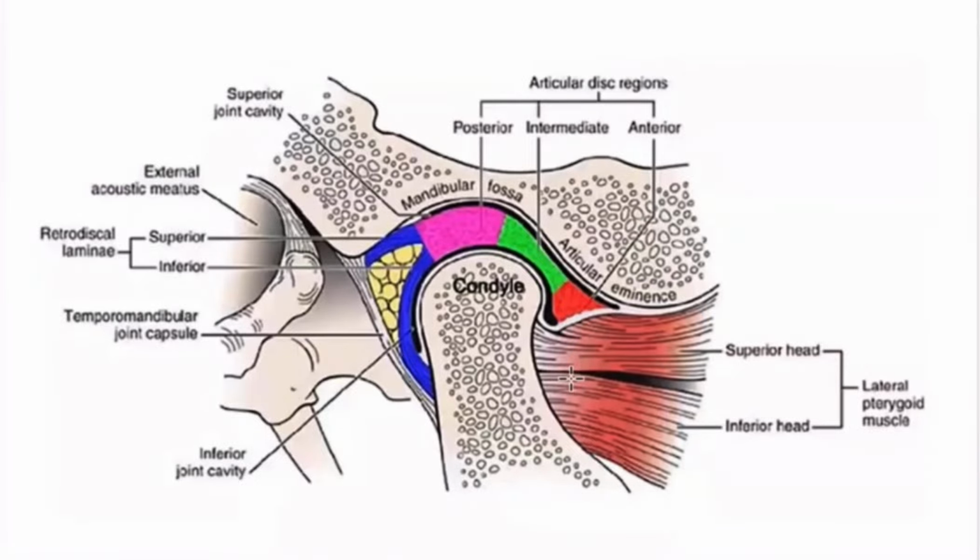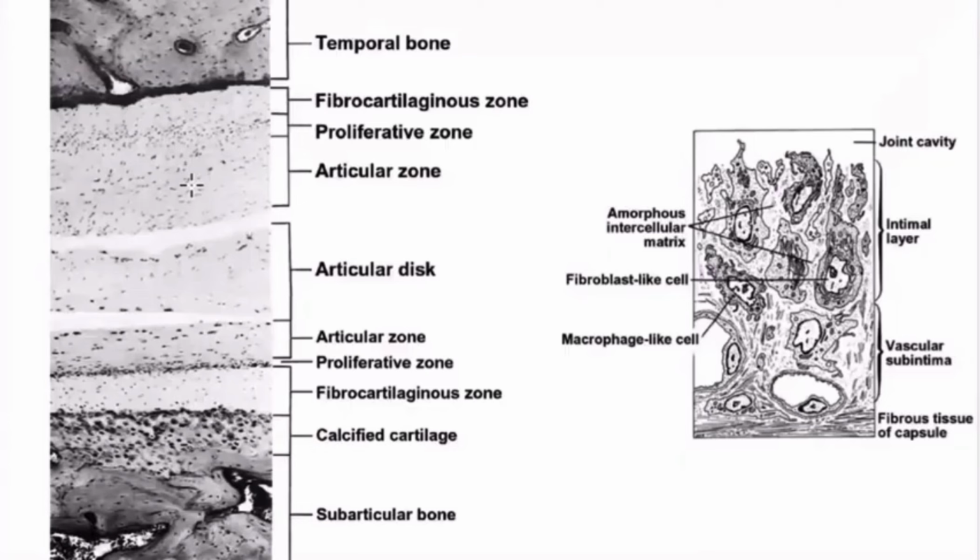The articular surfaces have a resilient fibrocartilaginous layer, which is efficient in absorbing mechanical pressure in the joint.